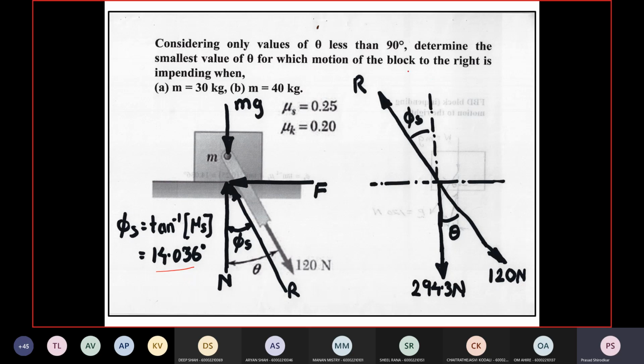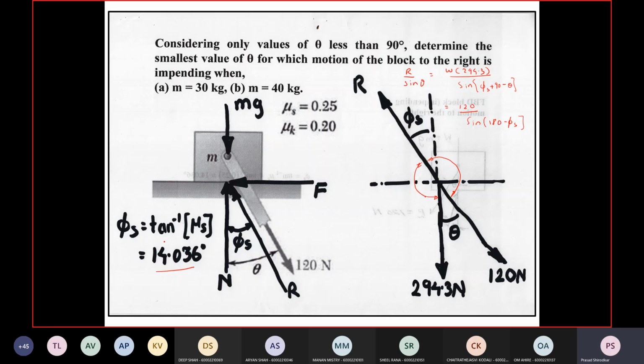When I apply Lami's theorem, I can write R divided by sine theta is equal to the weight W, that is 294.3 divided by sine of the angle opposite to it, which comes out to be phi s plus 90 minus theta, and that is equal to 120 divided by sine of the angle opposite to that, which is 180 minus phi s.